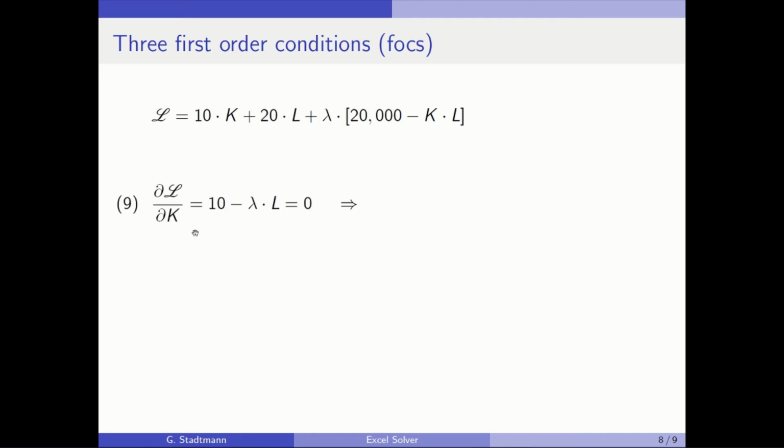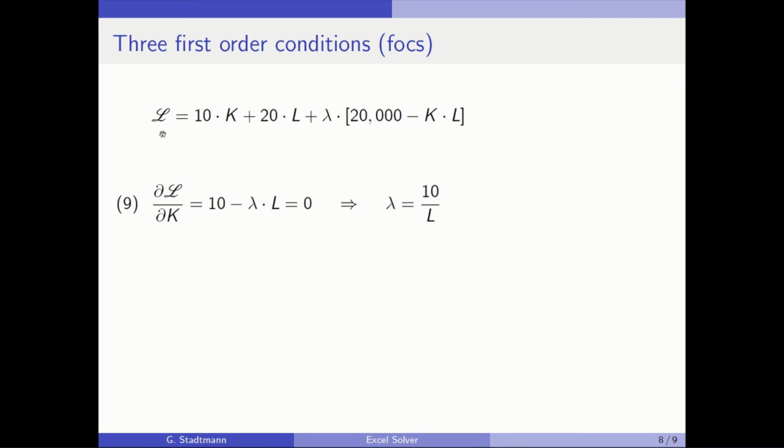When we differentiate with respect to K, we get 10 minus L times lambda, and this should be equal to 0. When we solve this relationship for lambda, we get lambda is equal to 10 over L.